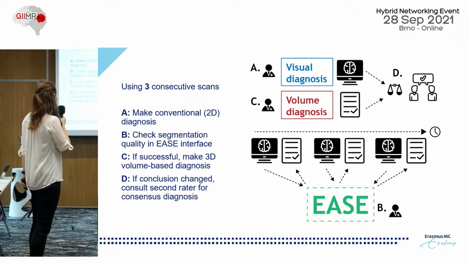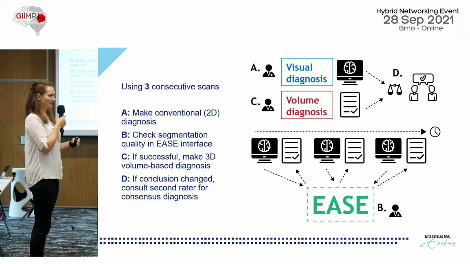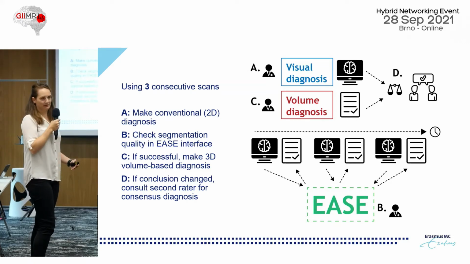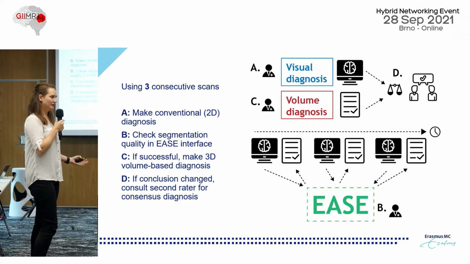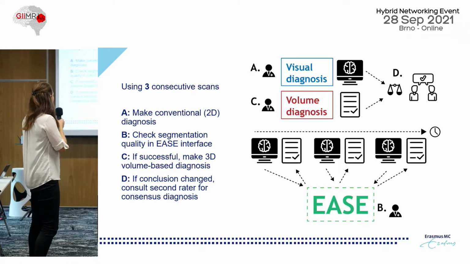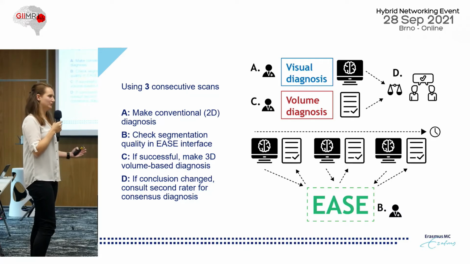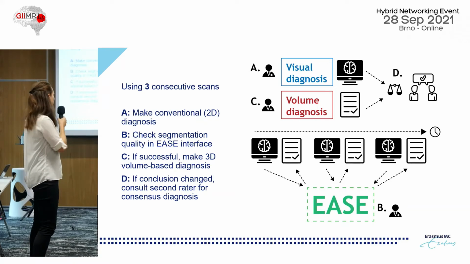But if all 3 are successful, these results go back to the PACS, and the radiologists can see the volumes and then make their 3D volume-based diagnosis. But if this leads to a different conclusion than their initial method, the conventional method, they have to go to a second rater for consensus diagnosis, just to make sure that with this new measurement tool that they have, they don't make mistakes, basically.